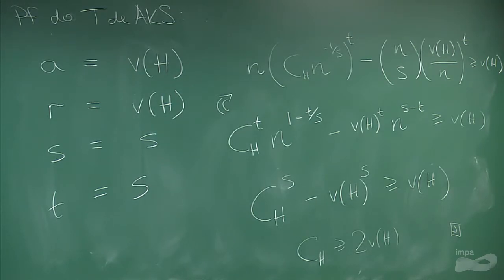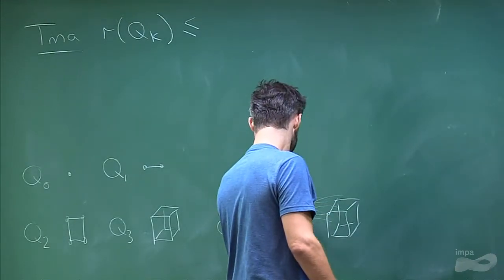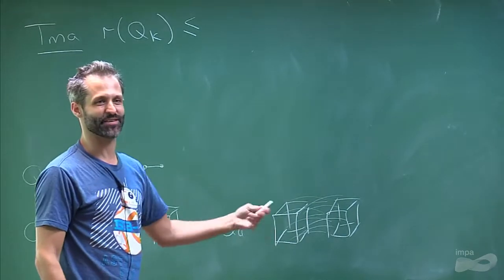So Q0 is a vertex. Q1 is an edge. Q2 is a square. Q3 is a cube. Q4, I can just about draw. Two cubes joined with a matching. And then Q5 continues, right?